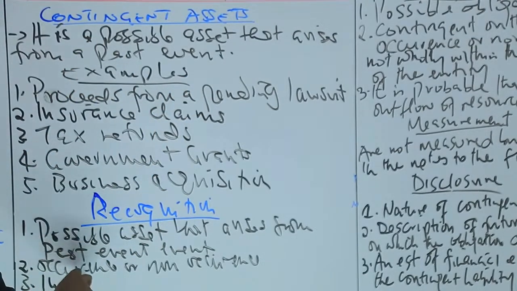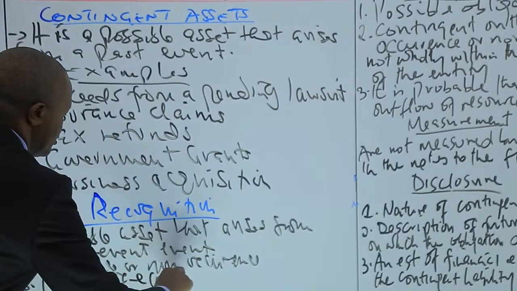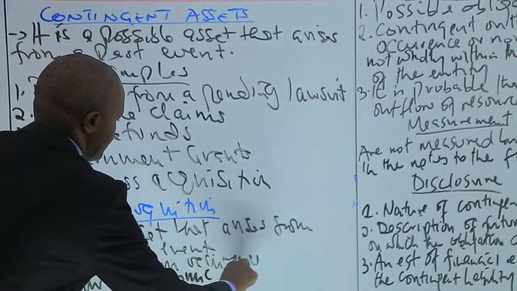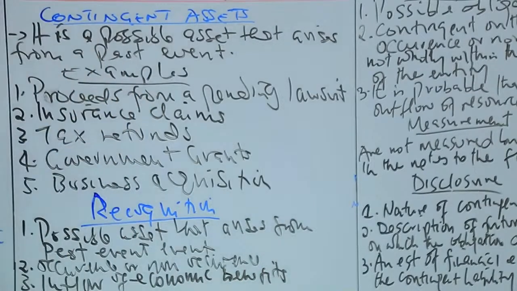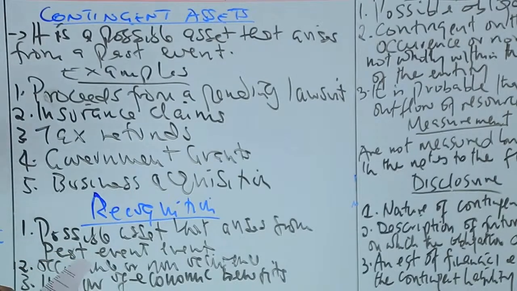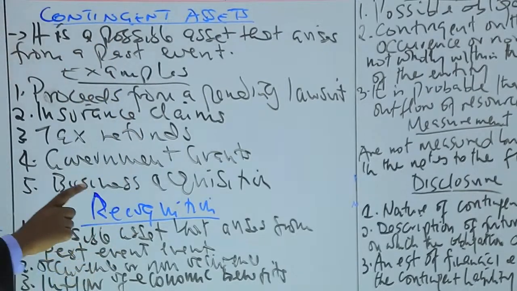If there is likelihood that there will be an inflow of an economic benefit resulting from the future event, then that's another criteria that can be used by public sector entities in recognizing contingent assets.